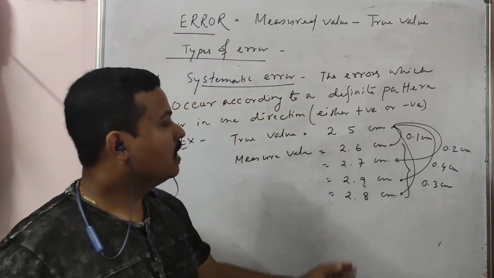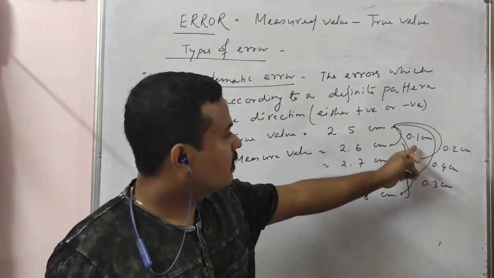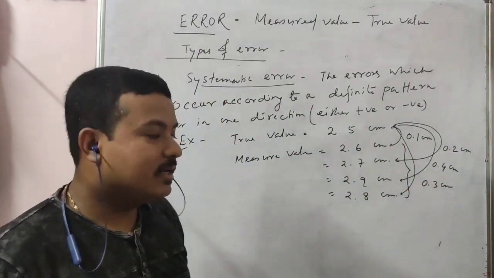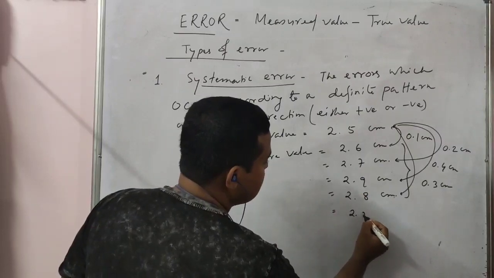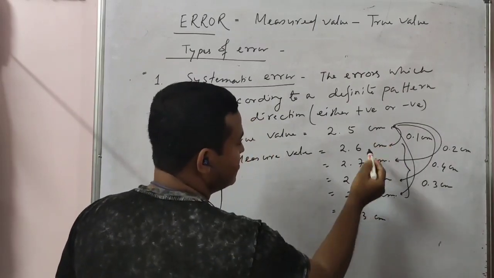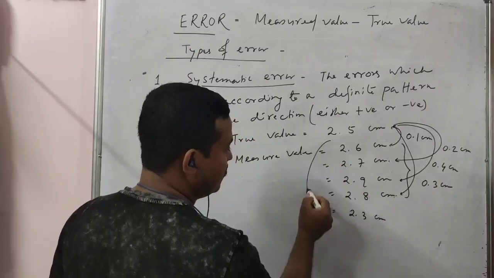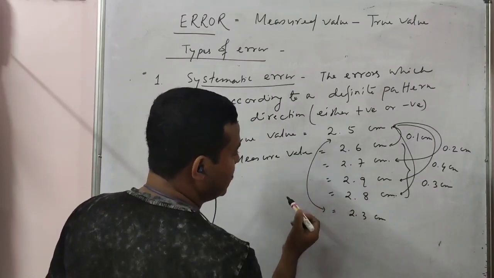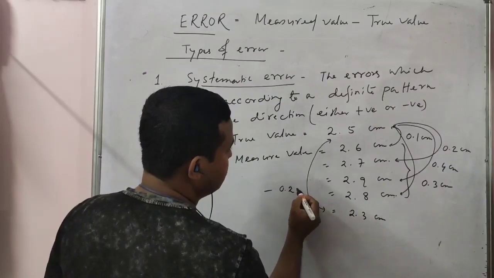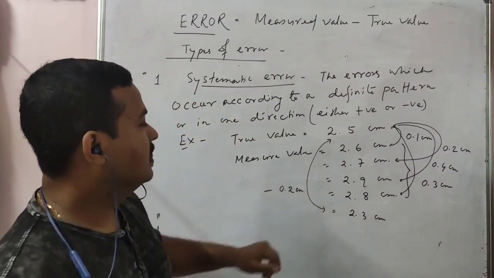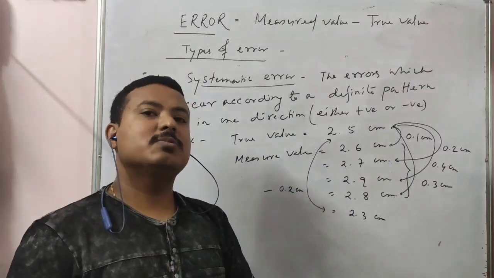That means you see all the values are what? Positive. But here if we take one value, suppose 2.3 centimeter, in that case the difference between these two will be what? Minus 0.2 centimeter. In that case it will not be a systematic error.